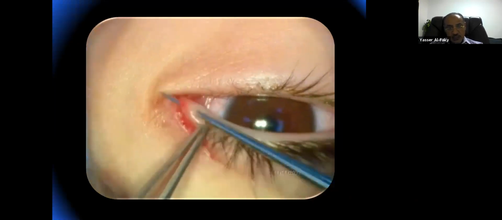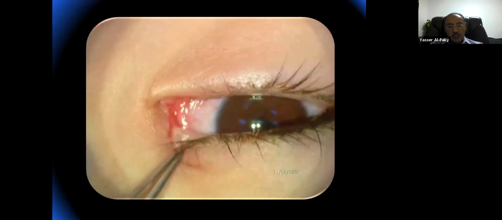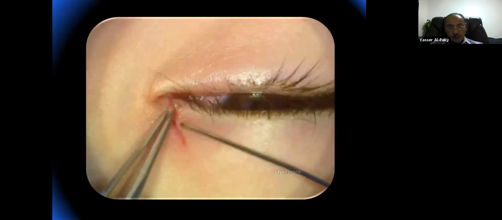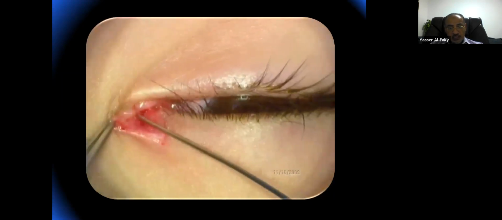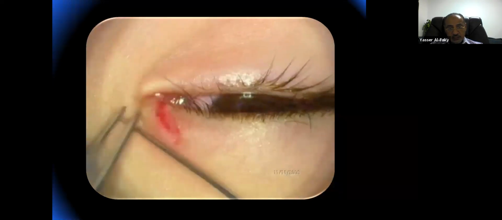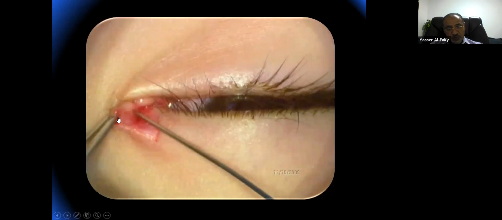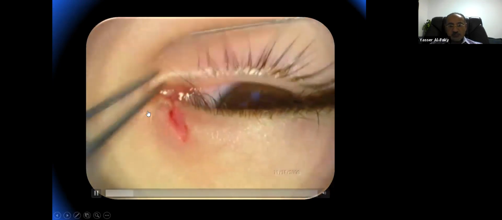Dilate the punctum. Don't overdilate it, otherwise you will rupture the canalicular system. You'll be able to identify the medial cut end, which is exactly opposite the lateral cut end. As you can see, there is some glistening mucosa here, this glistening area around, which identifies the canalicular system.